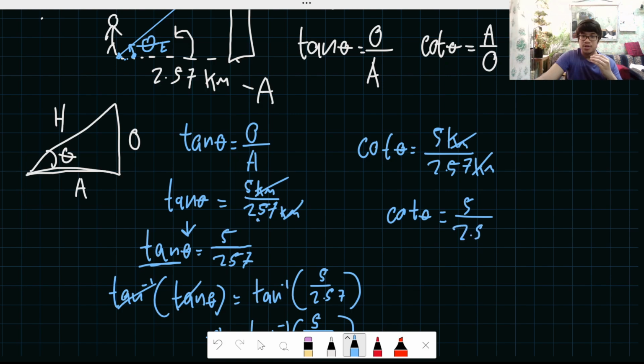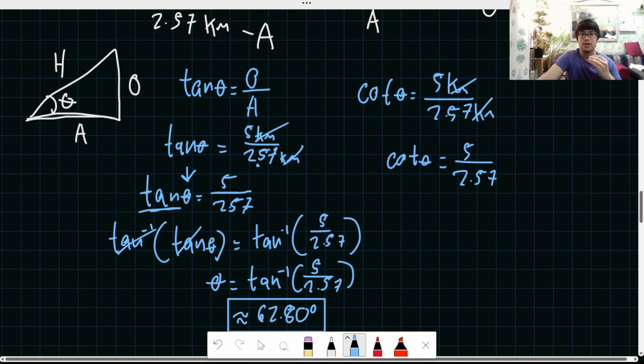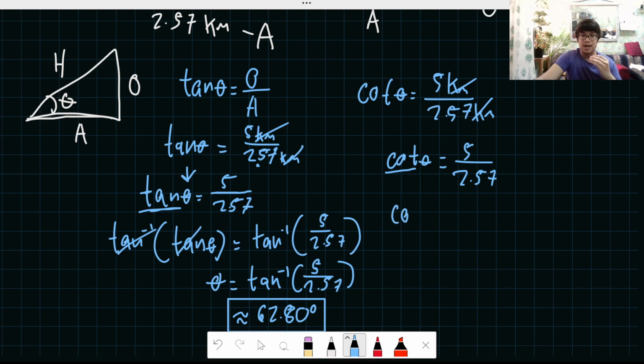With that, we will use the inverse trigonometric function. Here we have cotangent theta, so we will use its inverse on both sides. So we will have inverse cotangent of cotangent theta is equal to inverse cotangent of 5 all over 2.57.